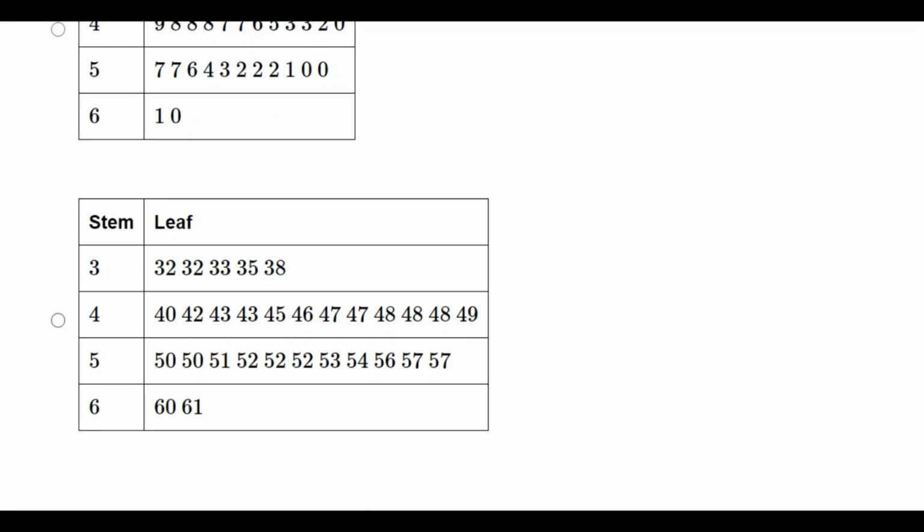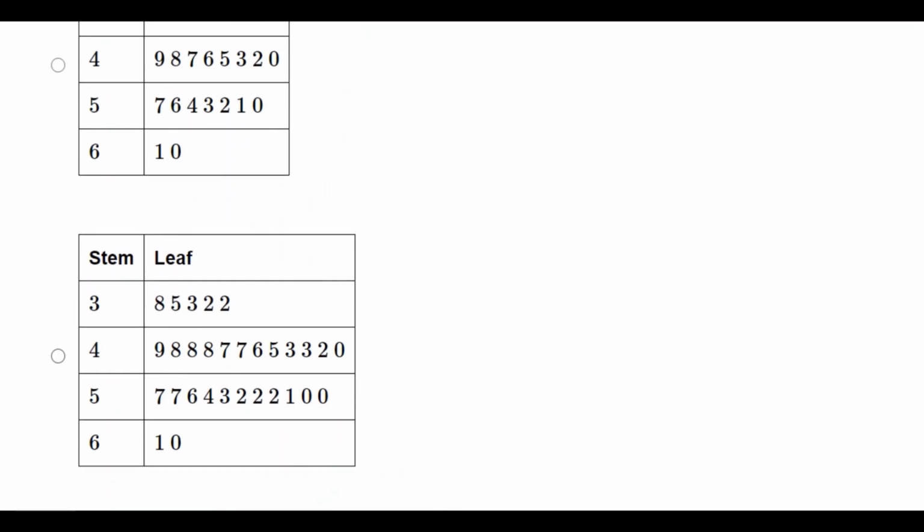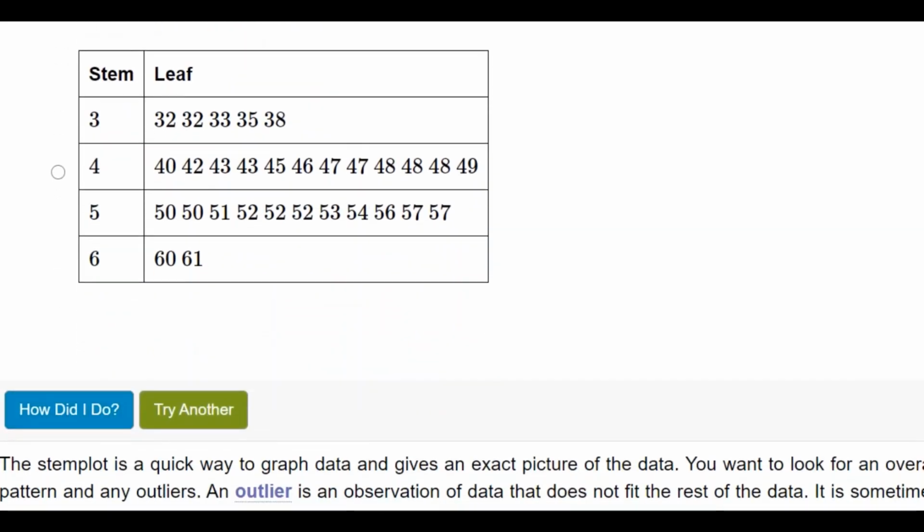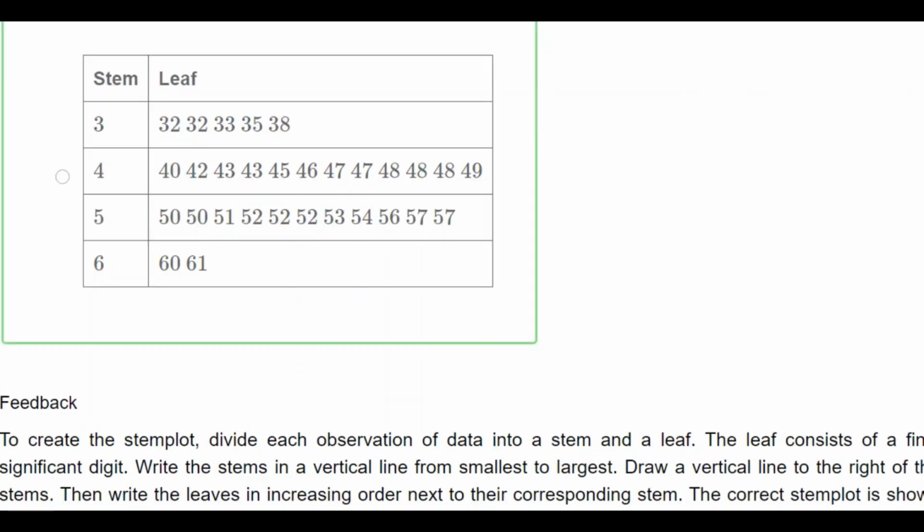So we don't need to write 32 here in leaf, because 3 is the stem, not the leaf. So 3 should only be written in the stem column, while 2 can only be written in the leaf column. So these are the problems in which these could not be the right choices, and the only correct choice is the one we chose, and we can always check if we have chosen the correct choice, and this is correct.